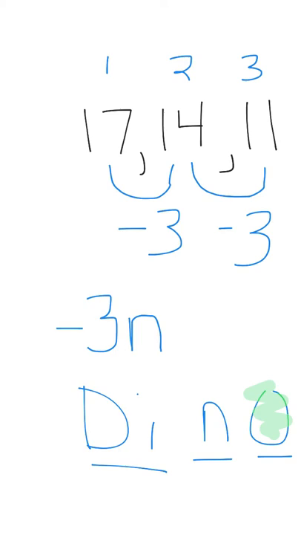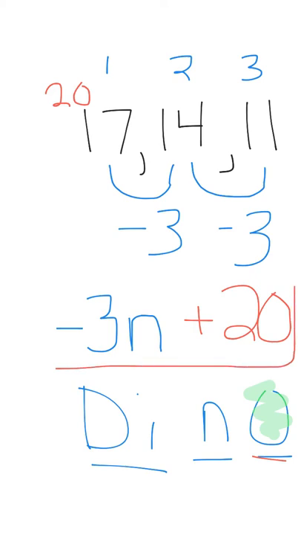So 17 plus 3 is actually 20. So my 0 term is 20. So it would be plus 20. So now I can use this algebraic expression to figure out any figure number that I wanted.